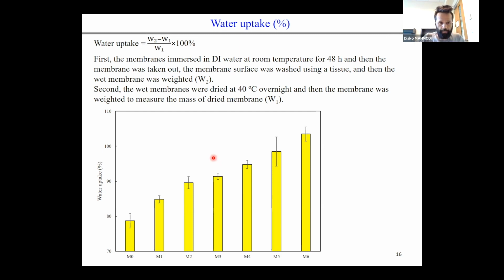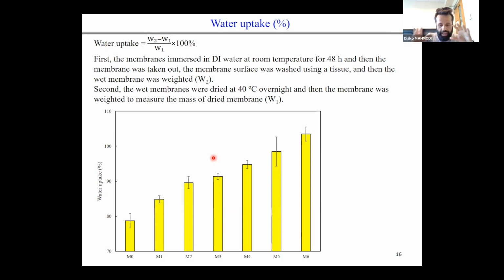As you can see, from M0 to M6, water uptake increased. It's because we gave hydrophilicity, or water affinity, to the membranes. And because of the water uptake, the fractional free volume increased, which supports the assumption of the hydrated salt being solvated by the water.